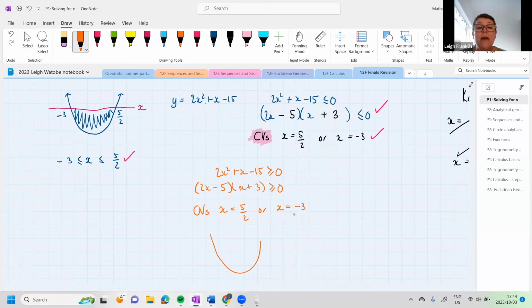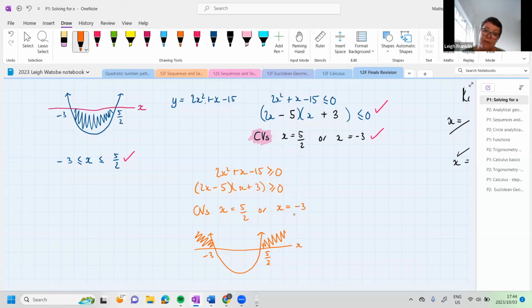Remember, our parabola is happy-faced. There is our x-axis. Smaller number on the left, bigger number on the right. Now, where is y positive? Y is positive above the x-axis. So instead of shading between, you are now shading over here or over there.